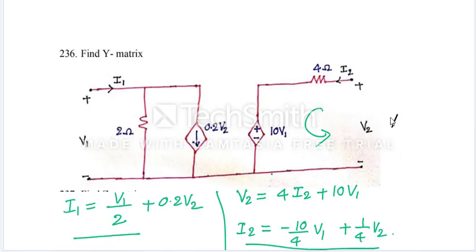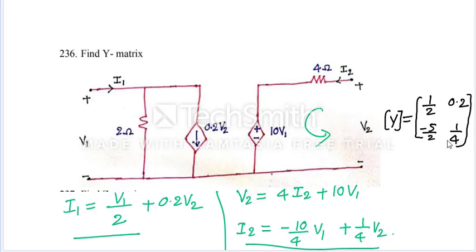See this thing here, you can write the y matrix from here. Y matrix I can decide it now here. 1 by 2, this is 0.2, minus 5 by 2, and this is 1 by 4 now, like this.